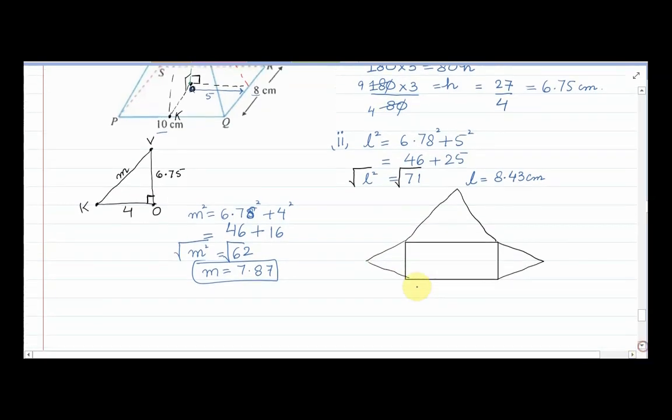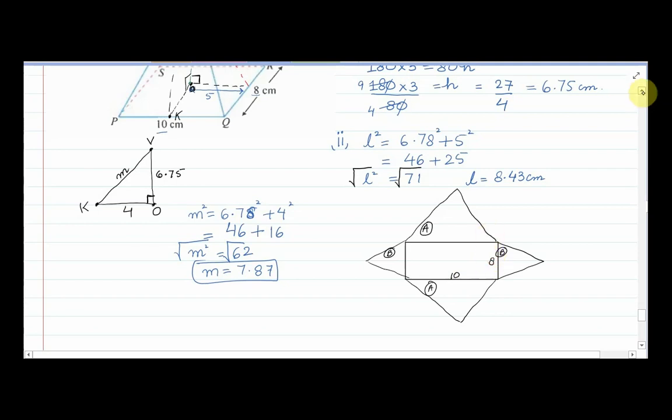And the quality of these 4 triangles is that these 2 triangles are the same, and these 2 triangles are the same. So the base is 10 and 8. I am just mentioning the dimensions here, 10 and 8.